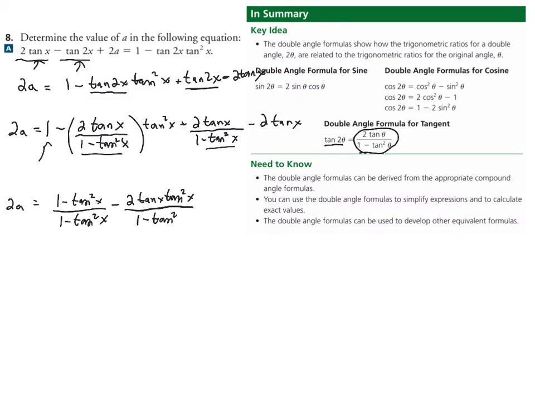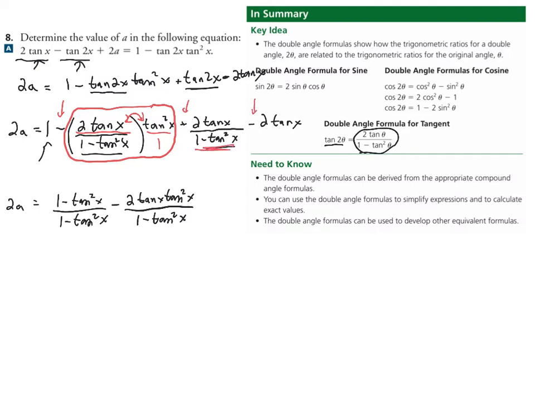Minus, well, this is 2 tan x tan squared x over 1 minus tan squared x. Keep in mind, for those of you who are shaky with this manipulation, this is all one term. So this 2 tan x multiplies by tan squared x, and this 1 minus tan squared x multiplies with 1. This is just like times tan squared x over 1. Terms are separated by pluses and minuses, and each term should have a common denominator.